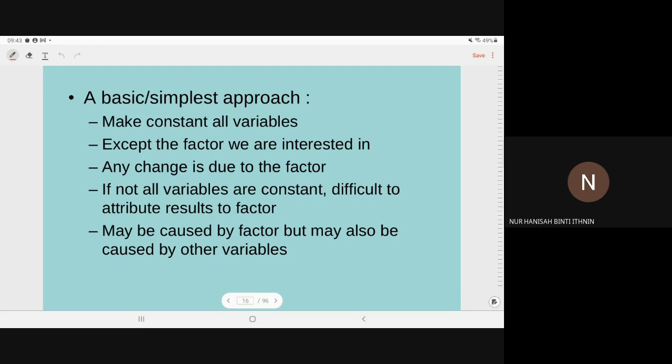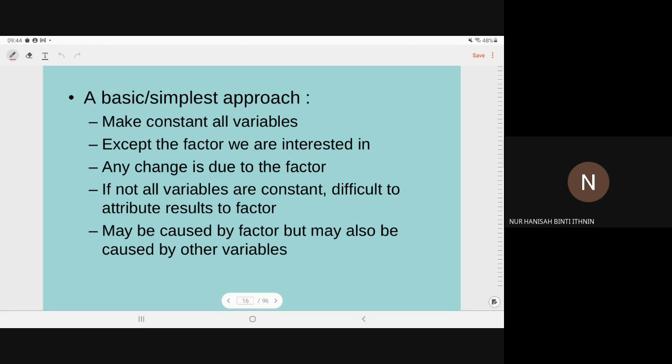Everything has to be constant, except the factor we are interested in. The term they use is pemboleh ubah yang dimalarkan. So make everything else constant. And then you have pemboleh ubah yang dimanipulasi.